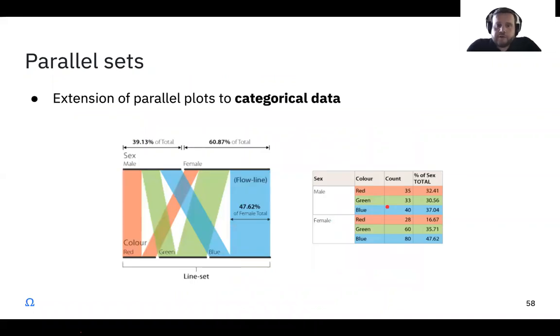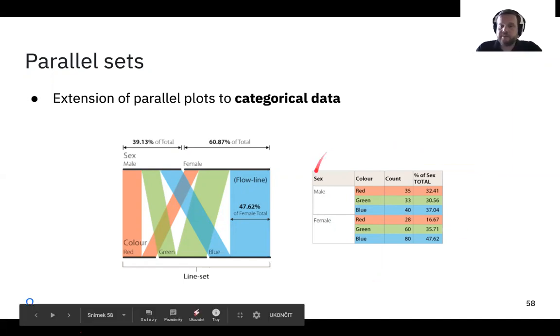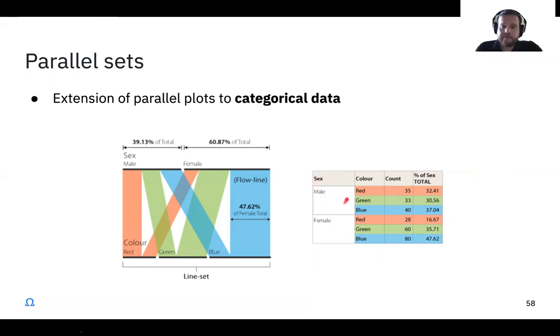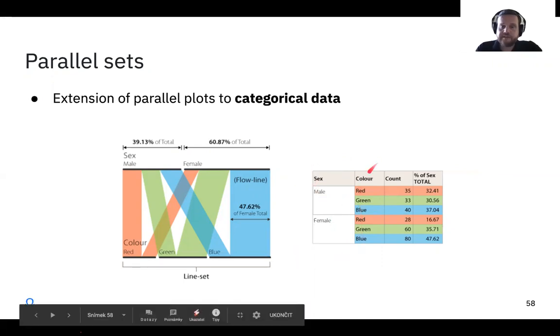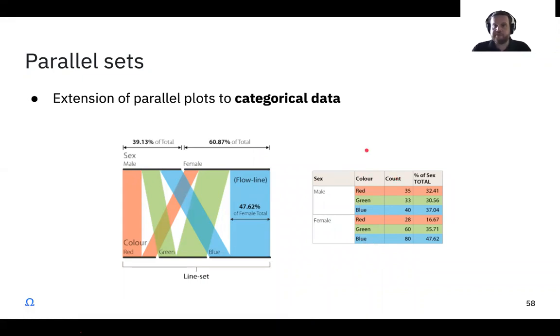An extension of parallel plots to categorical data are parallel sets. So this is our data table for some kind of abstract demographic data. So we have categorizing by sex and by color, which is whatever. It can be some phenomenon where you respond with three different answers. And you can visualize it like this.